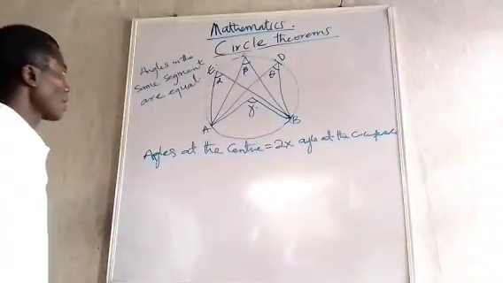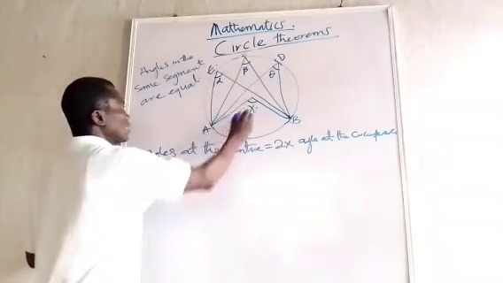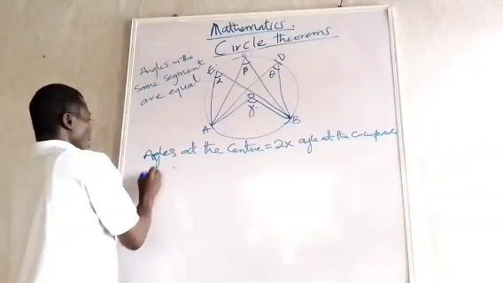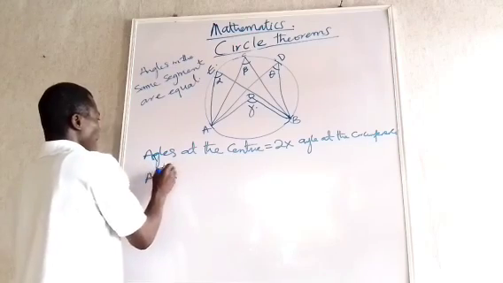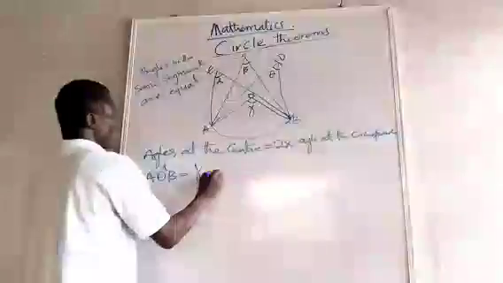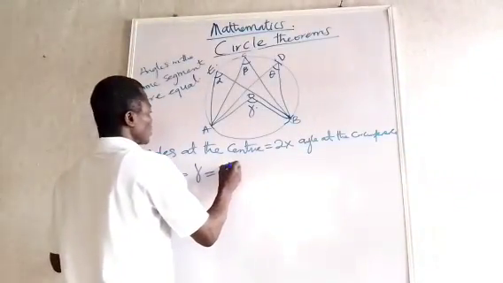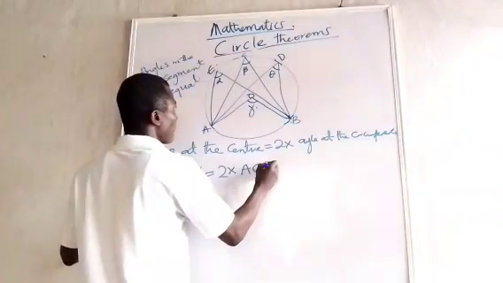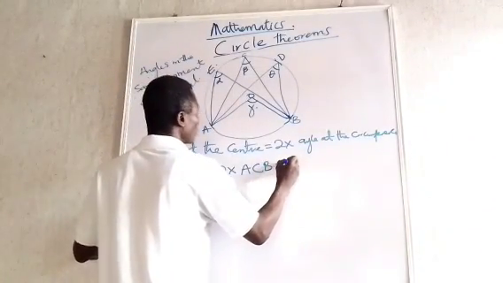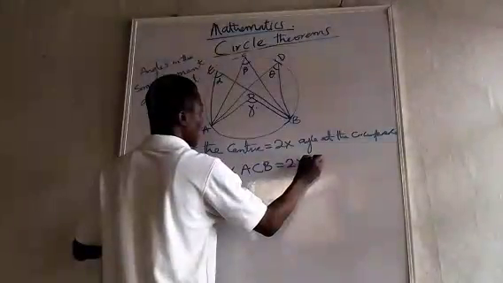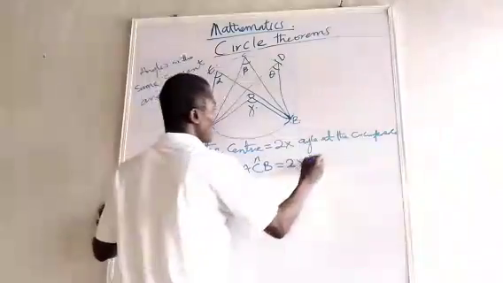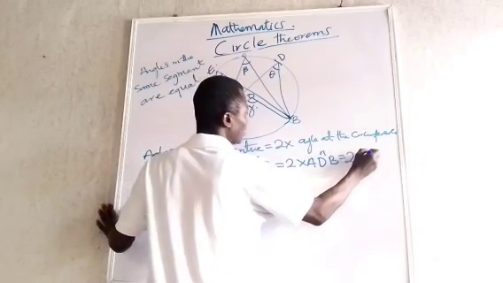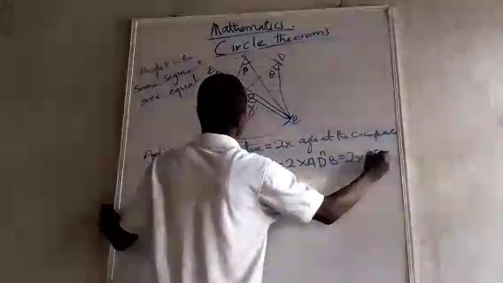It means that, this place will be O, angle AOB, gamma, is equal to 2 times angle ACB, which is equal to 2 times angle ADB, which is equal to 2 times angle AEB.